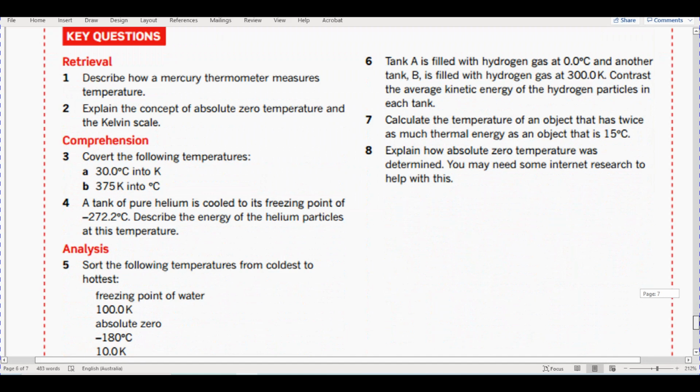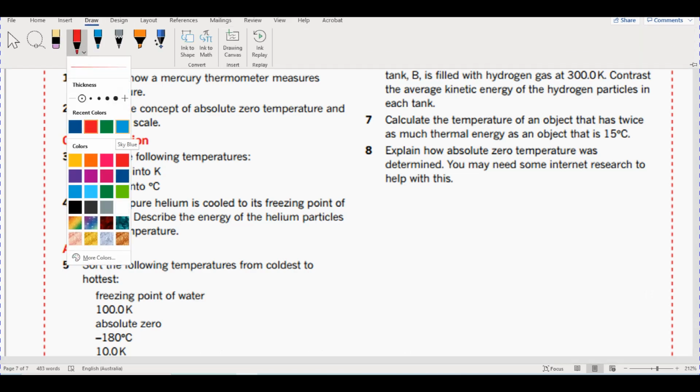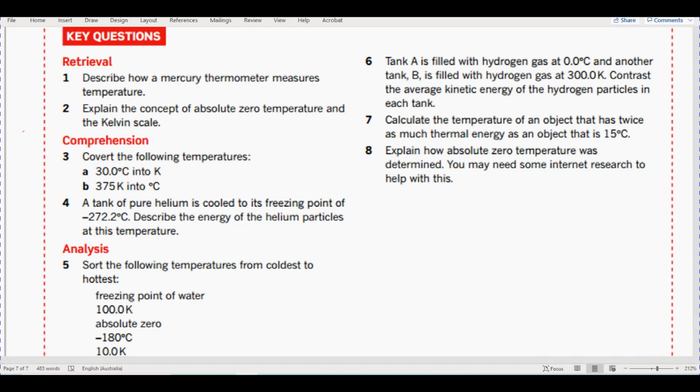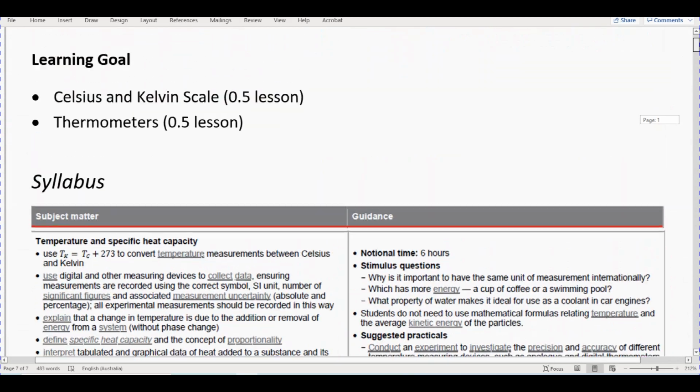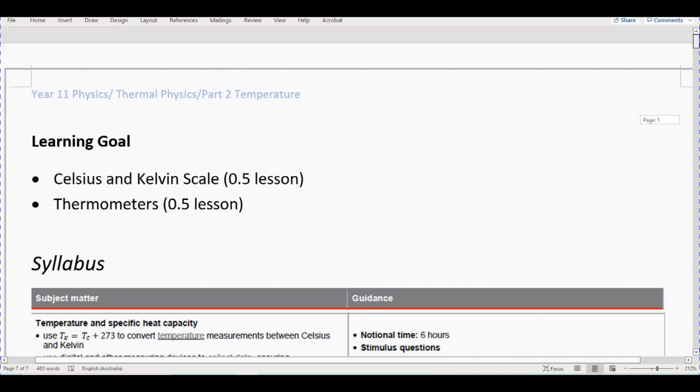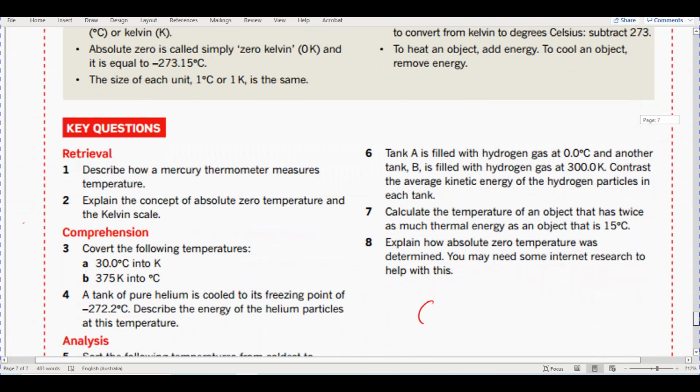So there are some key questions. Again, in physics, I never give a specific number of questions. You might just do questions 1 and 2 and so on. Normally if you could do half of them, I would treat you like you have finished your homework. This is half an hour plus half an hour, so it's about 1 hour of face-to-face lesson.